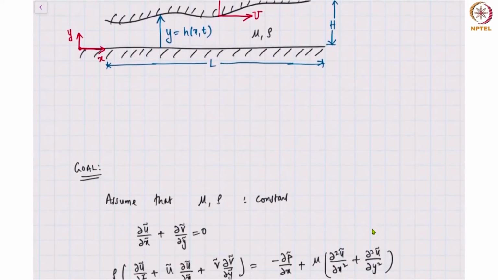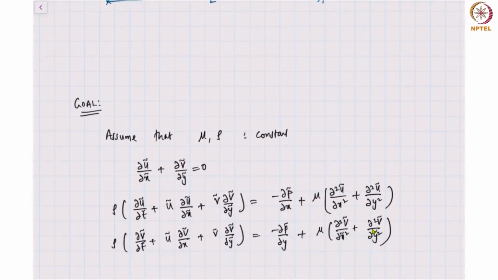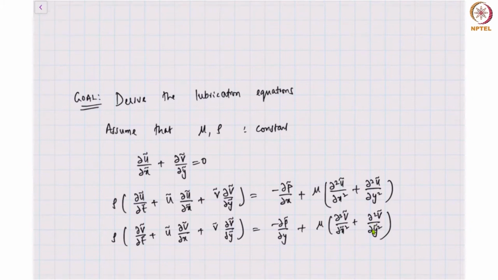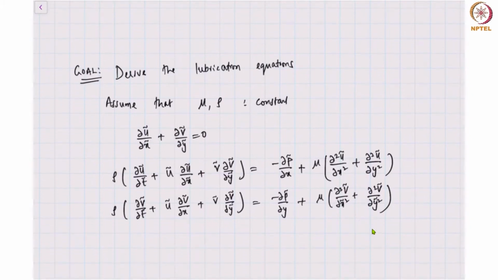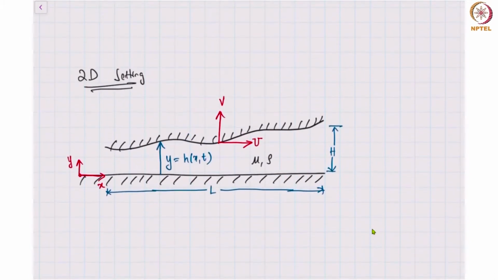So our goal is to derive the lubrication equations. I've already written down the Navier-Stokes equations for this 2D problem. This Navier-Stokes equation is for this fluid whose viscosity is mu and density is rho.